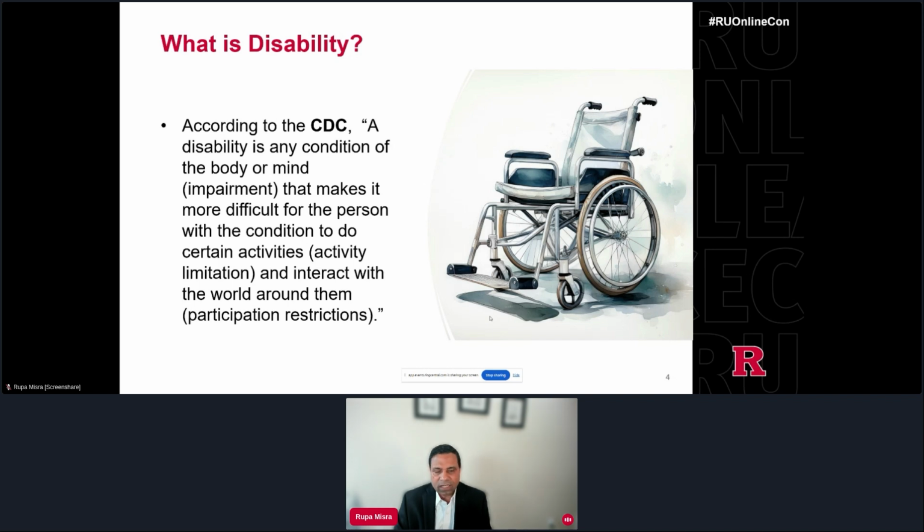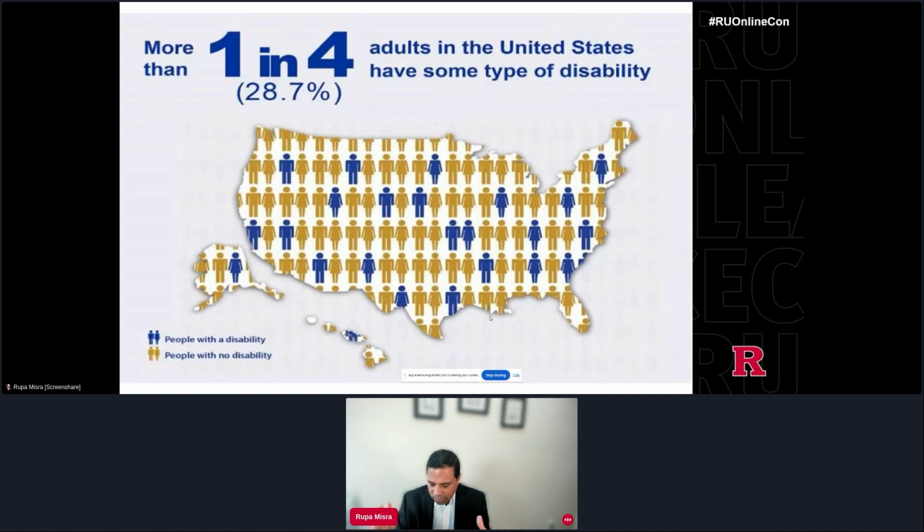According to the CDC, a disability is any condition of the body or mind, that is the impairment, that makes it more difficult for the person with the condition to do certain activities, that is activity limitation, and interact with the world around them, participation restrictions. And there is a huge problem in terms of how many people have this disability.